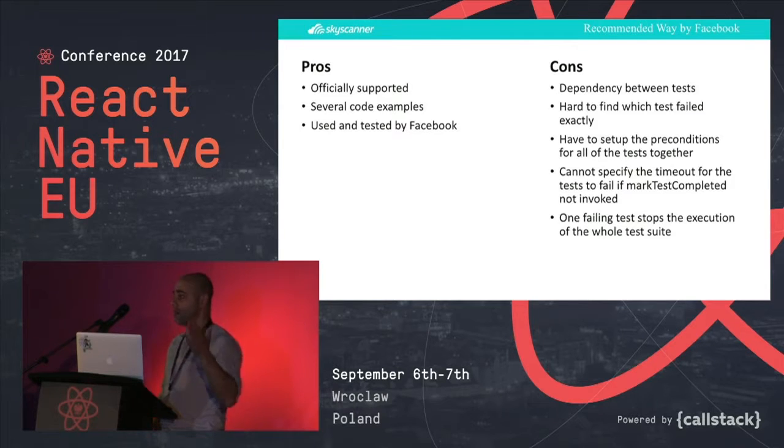The preconditions are always the same for all your suite of tests, because you only touch the native side once you trigger the test. You also cannot specify a timeout that is shorter than 2 minutes, at least not in the current version. And a failing test stops the whole run. So if your third test failed, it wouldn't run the fourth and the fifth and so on.